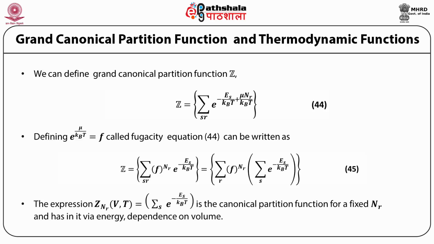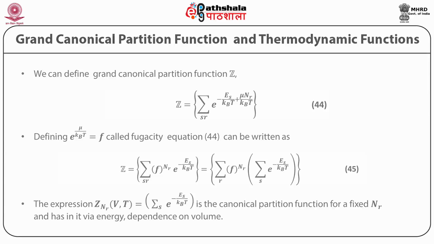The expression Z_Nr(V,T), equal to the summation over S of e raised to the power minus Es upon kBT, is the canonical partition function for a fixed Nr and has in it, via the energy, a dependence on volume.